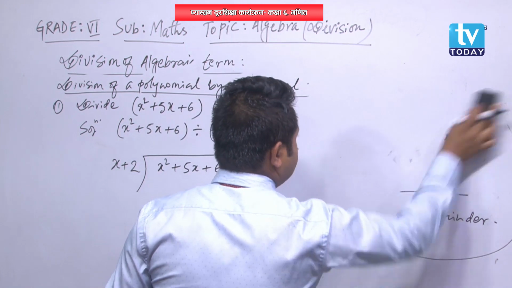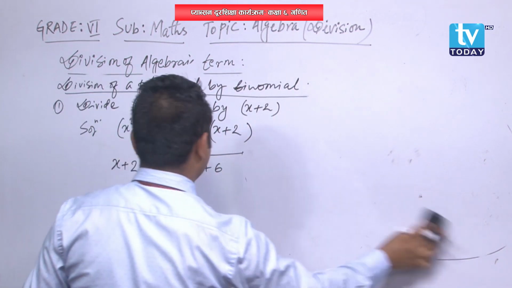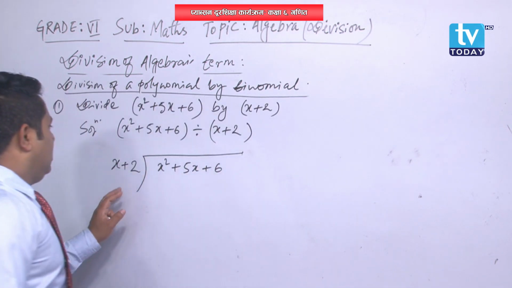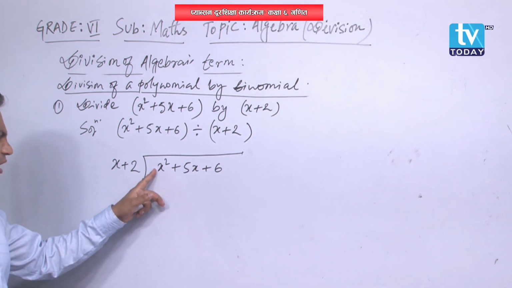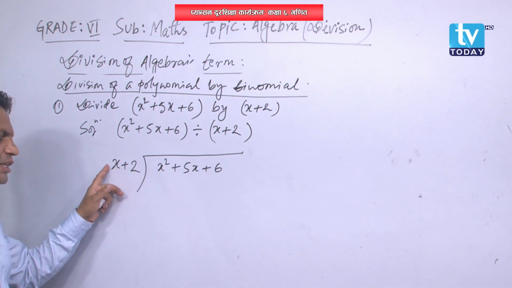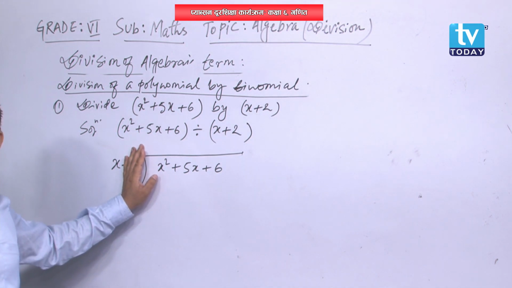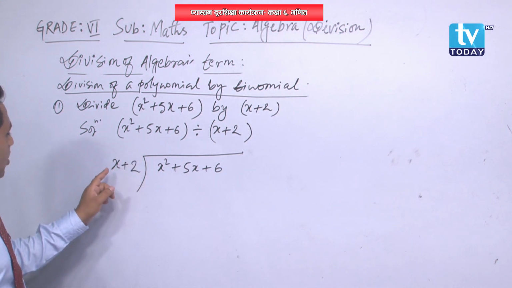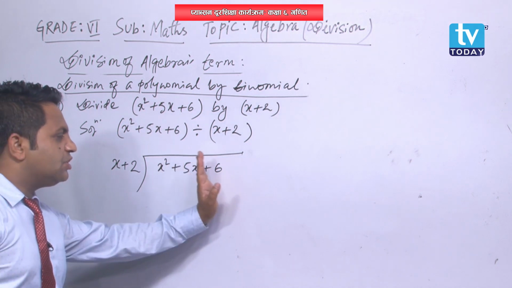Now you can check here. Please check here. Coefficient of x square is 1, coefficient of x is 1. Please forget about these two. Alright, forget about these two. So please consider only this x and this x square. Forget about 5x plus 6 also.